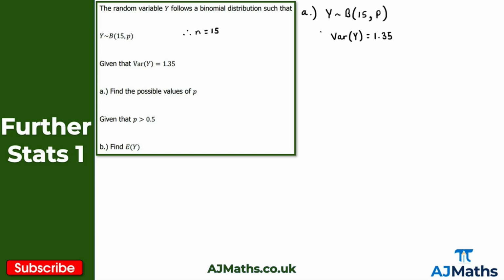Now, because we know what the value of the variance is here, what I'm going to do is use the result for the variance that we established at the beginning of the video. So the variance of y in this case is simply equal to np times 1 minus p. Now, if we know n, we can substitute that in here.